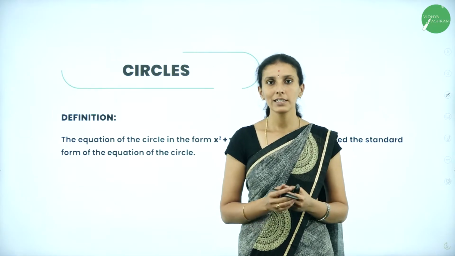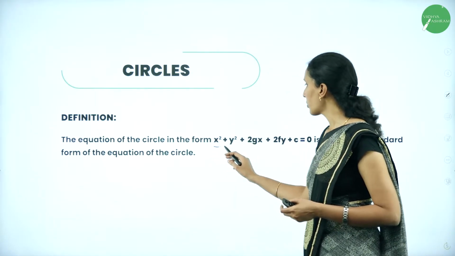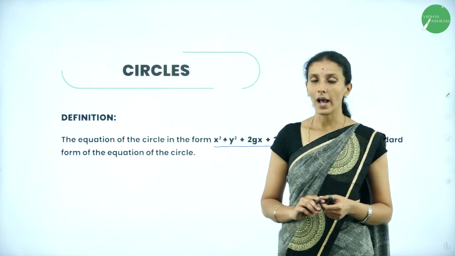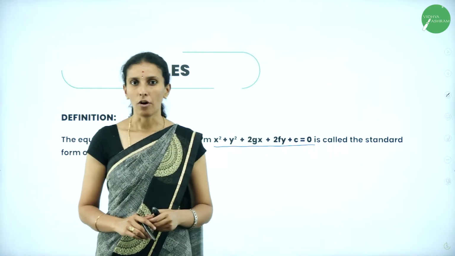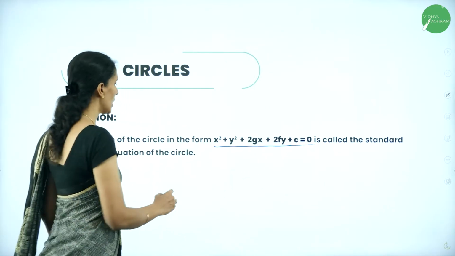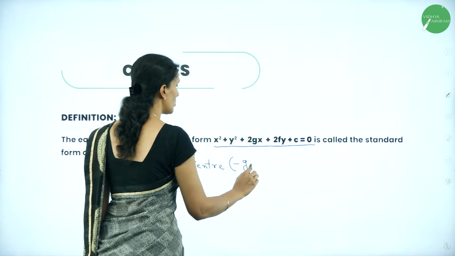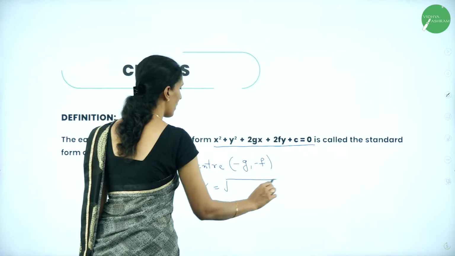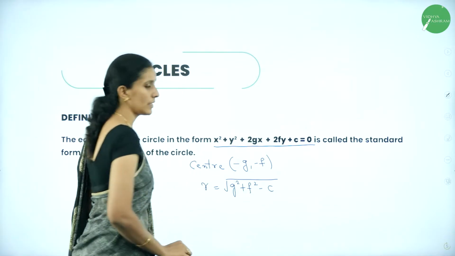That is, to represent any type of equation of a circle, we can take x square plus y square plus 2gx plus 2fy plus c is equal to 0 as the standard form of the circle, where the center of this circle is minus g comma minus f, and radius r is given by the square root of g square plus f square minus c.